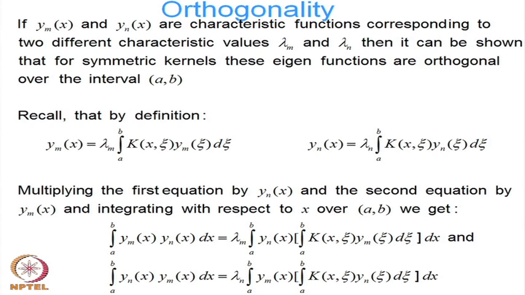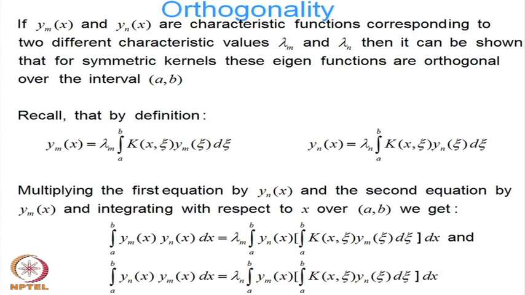Remember that for my system of equations, for a symmetric coefficient matrix, my eigenvectors were orthogonal to each other. Similarly here, even if I have infinite number of eigenfunctions, so long as my kernel is symmetric, my eigenfunctions are always going to be orthogonal to each other, and we can show that quite easily.